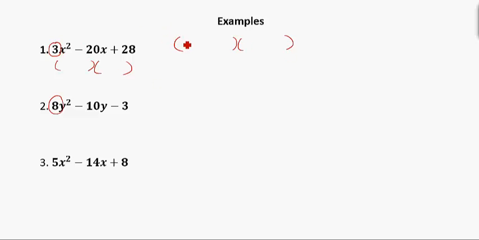So to get 3x squared, we can multiply 3x times x. To get 28, we could multiply 2 times 14, or 14 and 2, or 1 and 28.